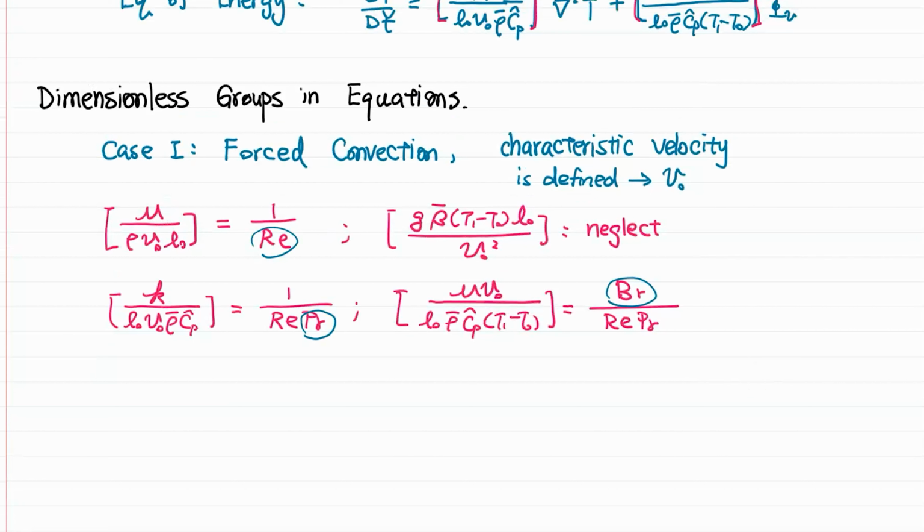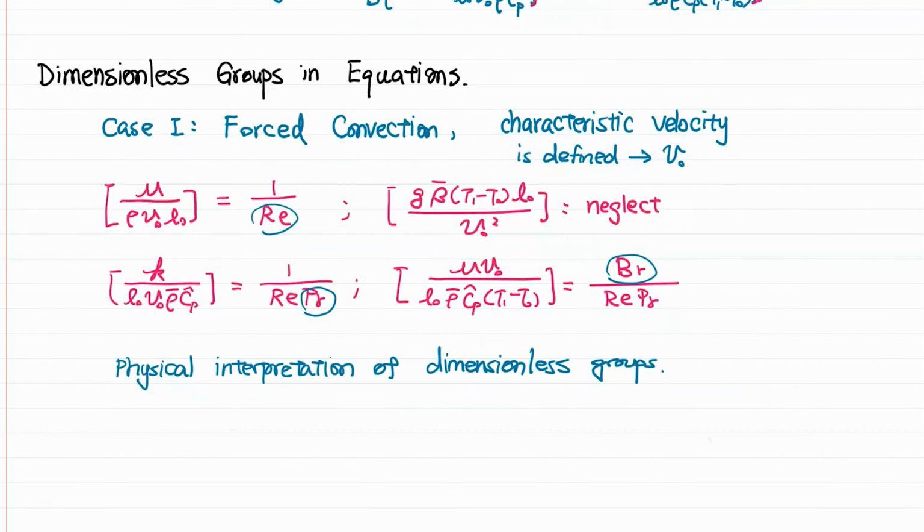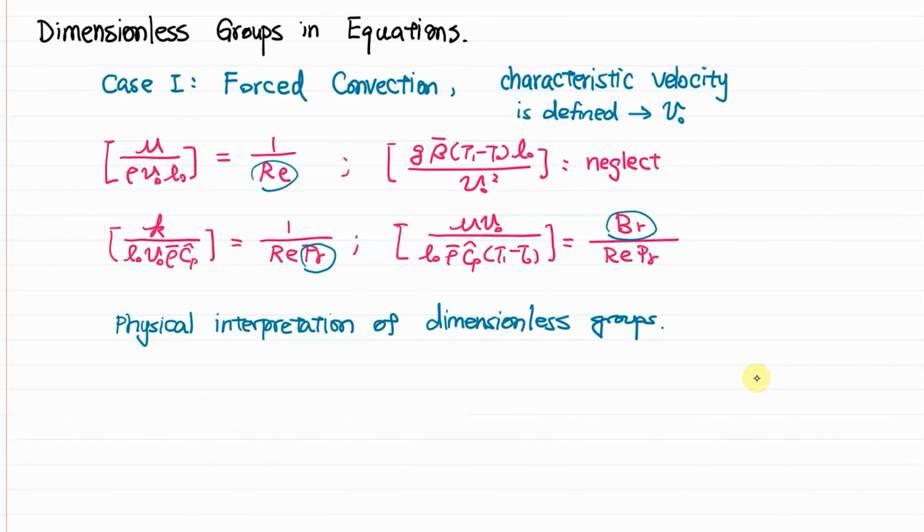First, the Reynolds number equals rho v naught L naught over mu.